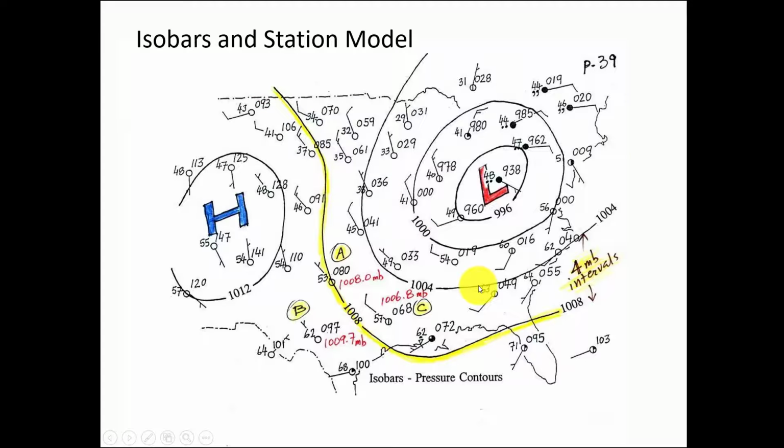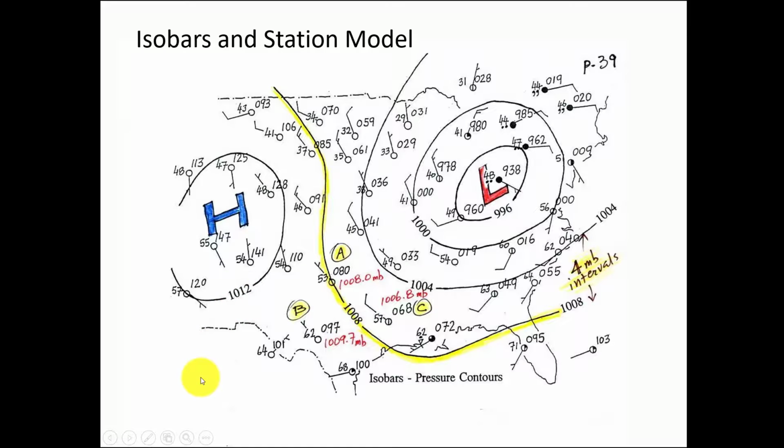If we go to the next isobar and we find the value for it, it's 1004. The next isobar, the value is 1000, and this makes sense because as we go into an area where we have that large L for low pressure, the pressure will decrease. If we go from our yellow line towards the area of high pressure, we would expect the values to increase, and in fact we go from 1008 to 1012.